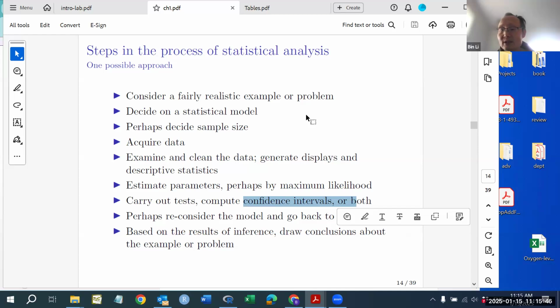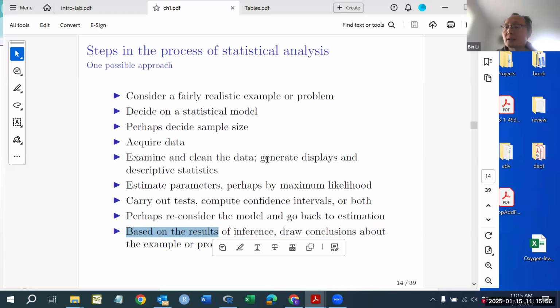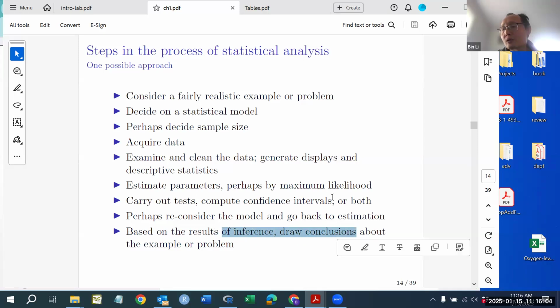That may lead us to reconsider the models and go back to estimating using different models. Then based on the result, we repeat that until the model seems to be fine. And then, based on the results of inference, we can draw conclusions. Okay, so this is one possible way to do statistical data analysis.